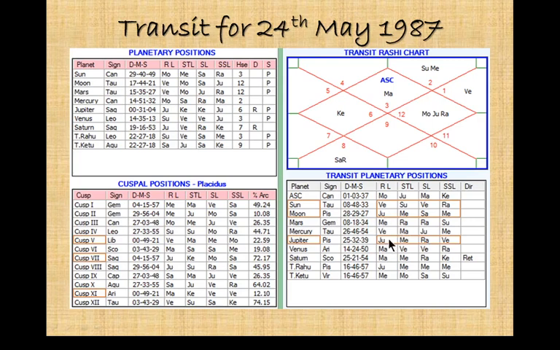Moon in the Rashi of Jupiter. Jupiter we have studied here. Moon in the star of Mercury. Mercury we have studied here. Moon in the sublord of Saturn. Saturn is Venus and Rahu. Venus is in 5th and 11th, and Rahu represents Sun and Venus.